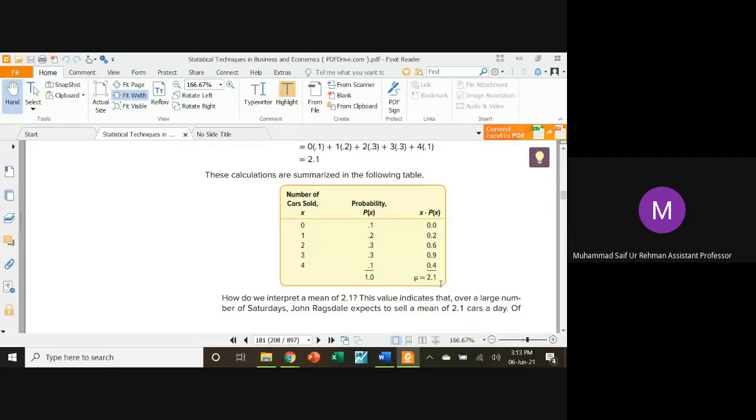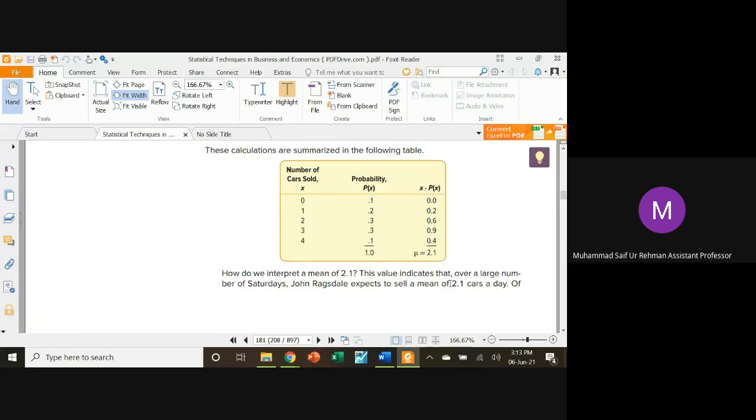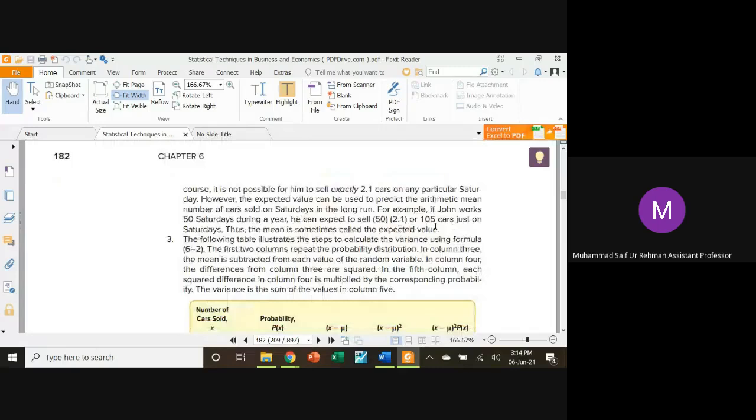But this 2.1 may help you when you are considering, let's say, 50 Saturdays, as it is given in your book. If you are going to consider 50 Saturdays, how many cars will be sold? So you may multiply 50 with 2.1. So the answer is 105. You can see over here 105 cars just on Saturdays.